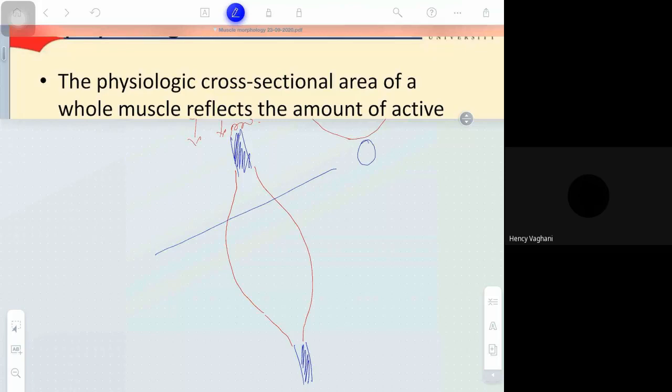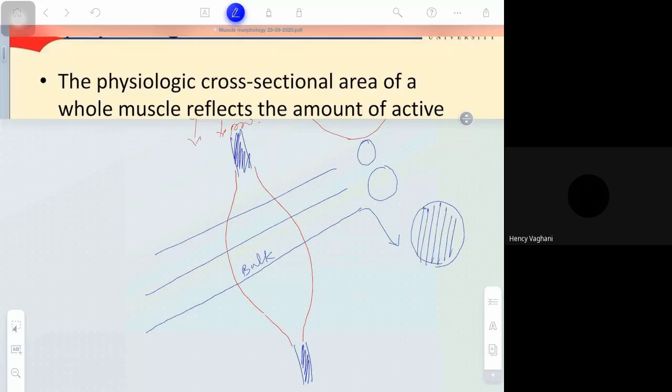And if you cut at this level, the cross-sectional area will be a little bit more. When you cut the muscle at the middle, where the muscle bulk is, there the cross-sectional area will be maximum. Clear? And again, gradually it will become small.